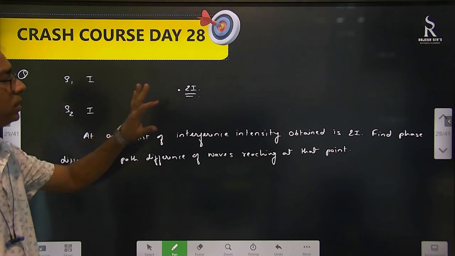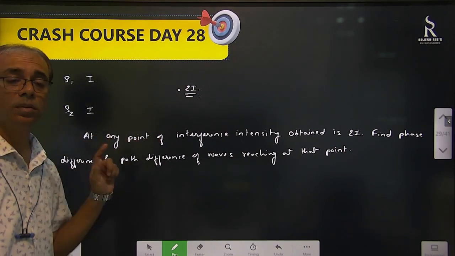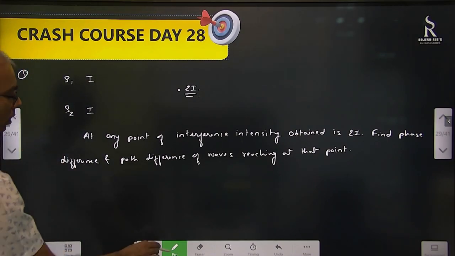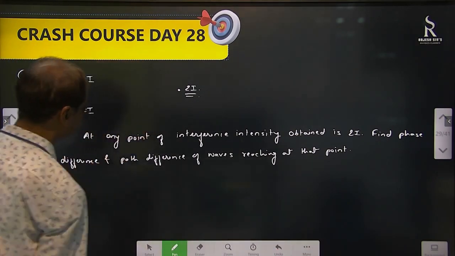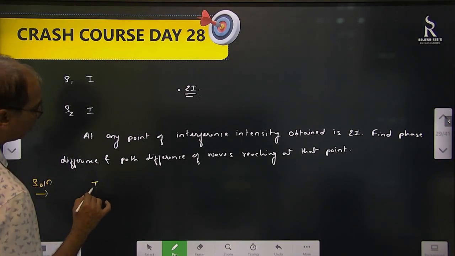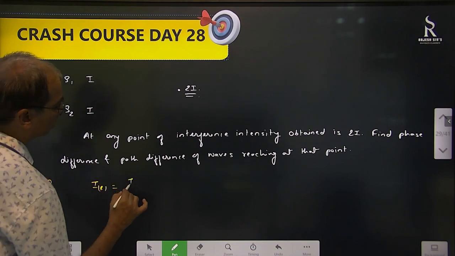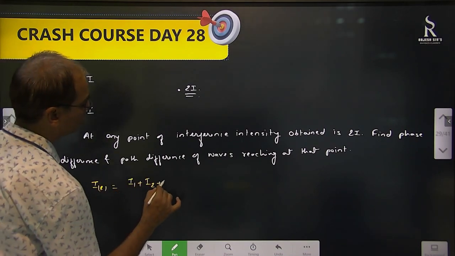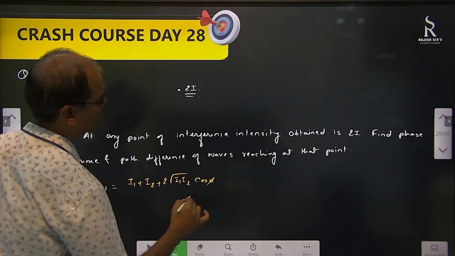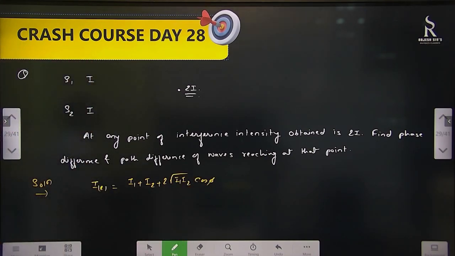Okay. So here the net intensity is coming 2I. Maximum intensity should have been 4I, minimum intensity should have been 0. But here intensity is 2I. No problem. So we know that resultant intensity at any point is I1 plus I2 plus 2 root over I1 I2 cos phi. This is the resultant intensity, right? Now we can put the values we know.